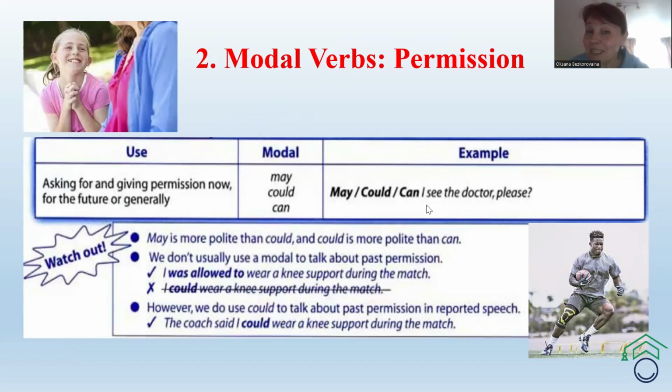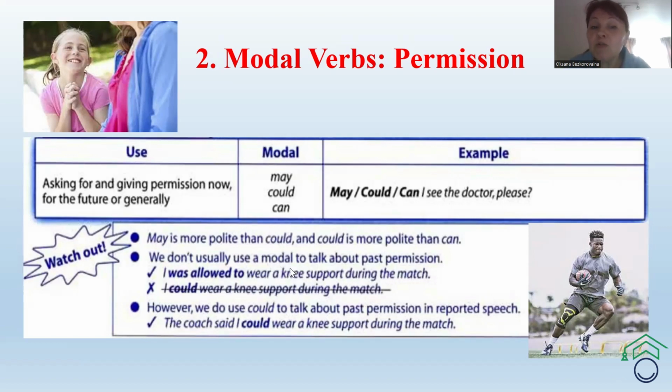May I see the doctor, please? Could I see the doctor, please? Can I see the doctor, please? All three words are synonymous here. It means that they have the same meaning, with slight difference. May is more polite than could, and could is more polite than can. This is the difference.